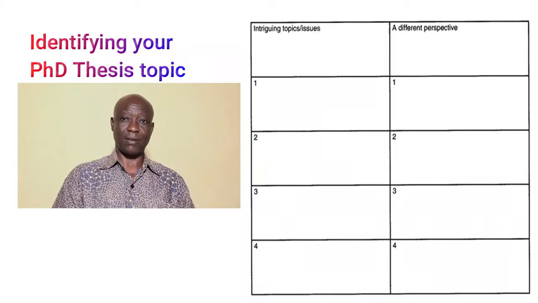Start by reading or by talking with colleagues or by asking professors about potential topics that you are considering. Start, ladies and gentlemen. The sooner you start, the higher the chances of completing on time, ladies and gentlemen. If you don't start, you'll have problems, ladies and gentlemen.